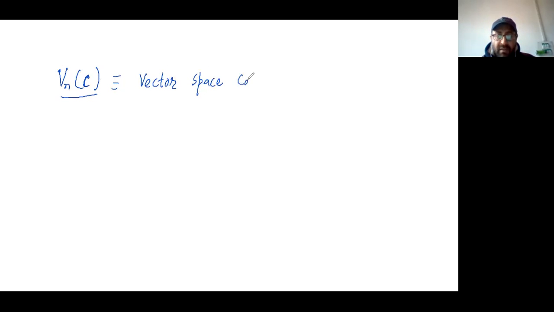So we always have our space, let me call it V_n(C), which means we have a vector space whose dimension is n, where n can be very large. In many systems it is infinite. It is a vector space over the complex number field, so the numbers we use for representing various quantities are complex numbers. That's what V_n(C) is.